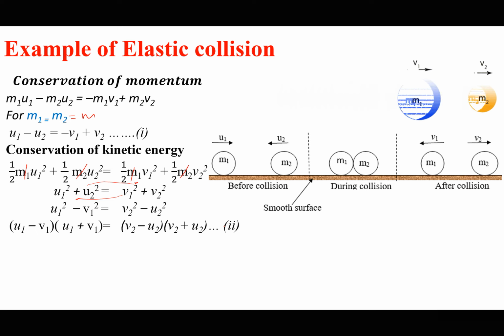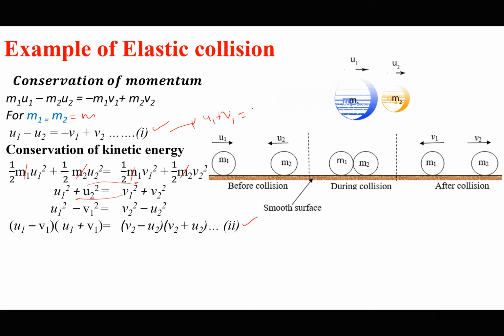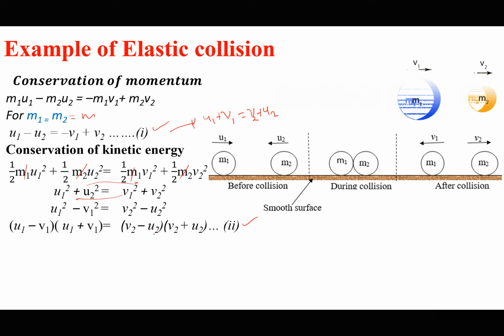So I'm now going to combine the first equation with the second equation. I can rearrange the first equation so that it now becomes u1 plus v1 equals v2 plus u2. If I combine, I'm going to replace u1 plus v1 with v2 plus u2 so that this equation can be simplified further.